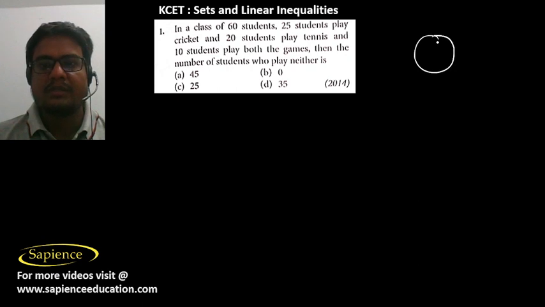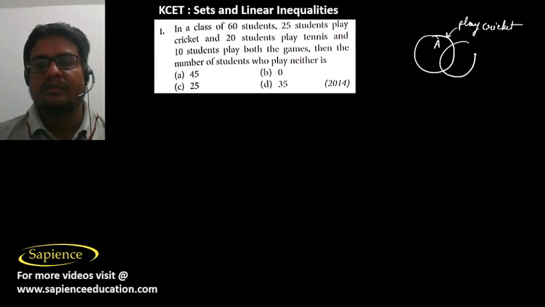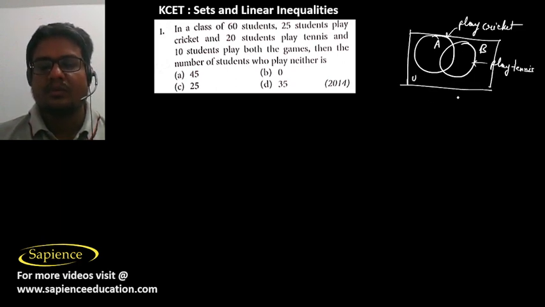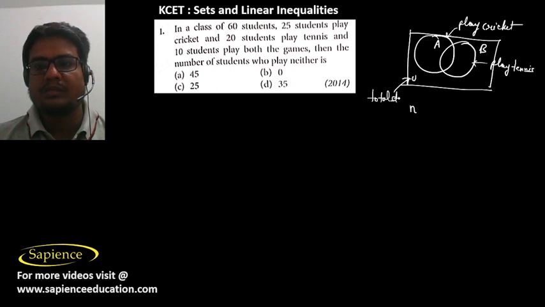Let's say we take the set A as the set of all students who play cricket, and the set B as the set of all students who play tennis, and we take U as the universal set. U represents the total number of students in the class. All the students in the class are in the set U.